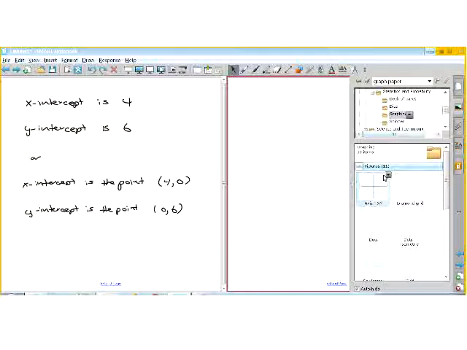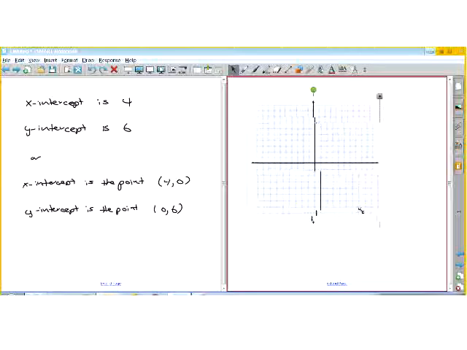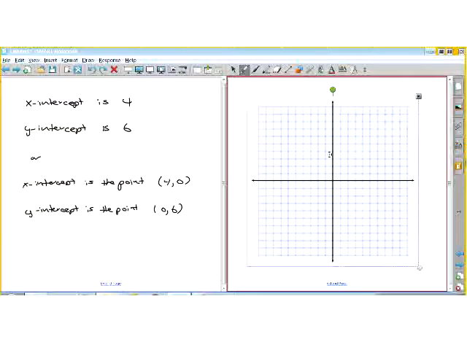So if we plot these points, we'll do the axes, and we'll have the x and y axis. This is 10. This is 10. This is negative 10. This is negative 10. So the x-intercept is 1, 2, 3, 4, 0.